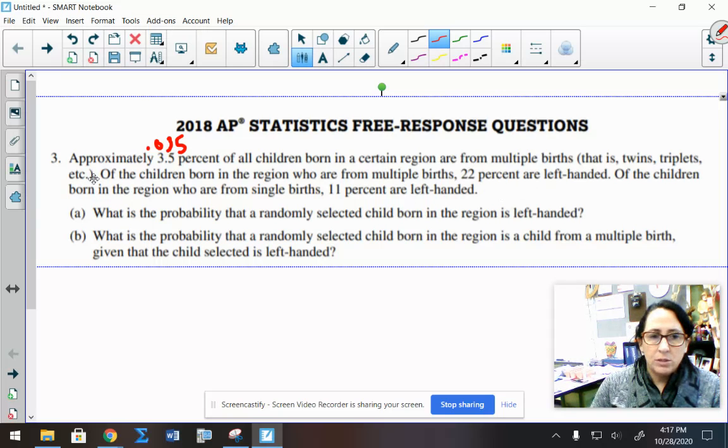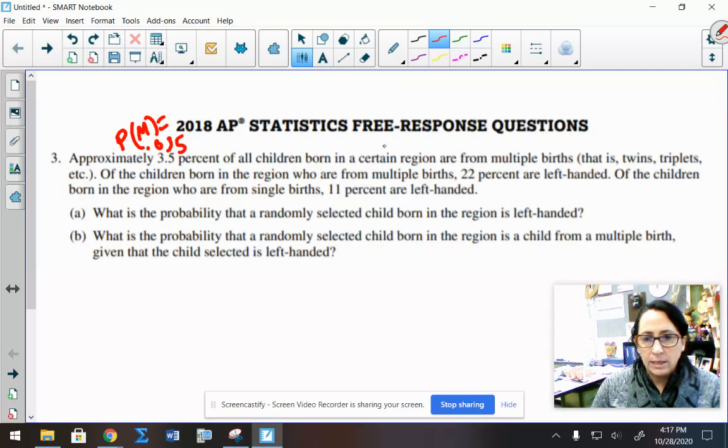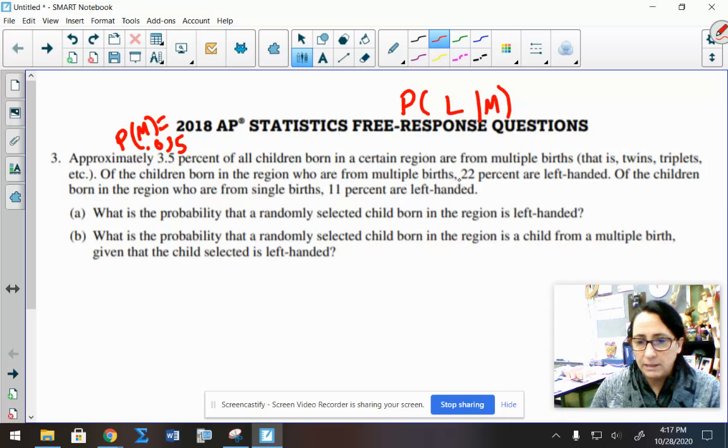This statement is giving you information: given multiple births, what's the probability of left-handed? They said that is 0.22.